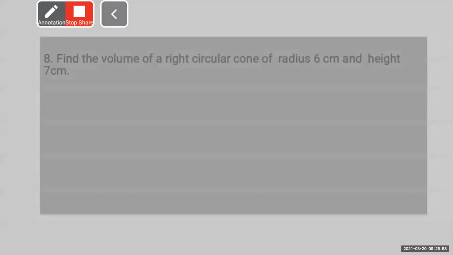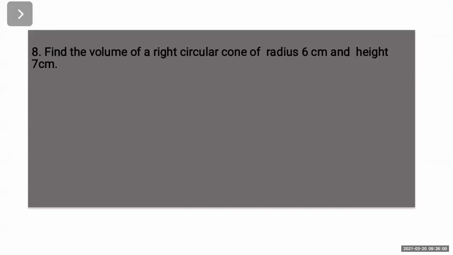Let us take the next one. Volume of a right circular cone of radius 6 centimeter and height 7 centimeter. Here you have to find out the volume of a right circular cone.